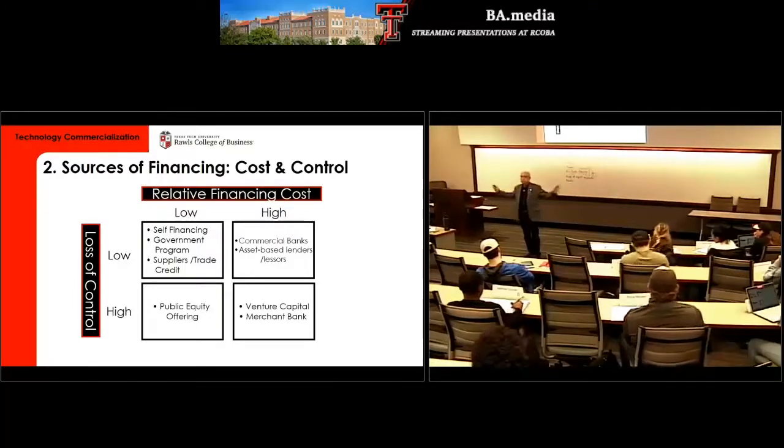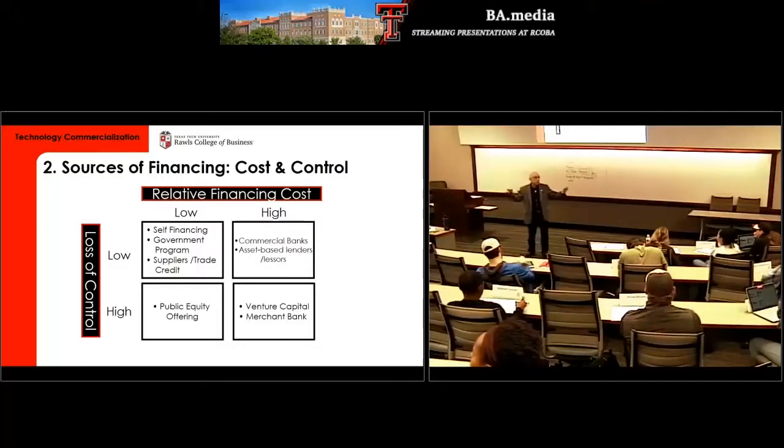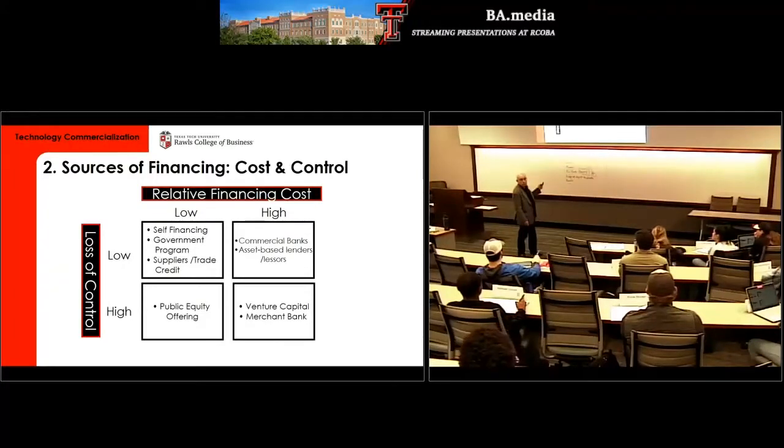Okay, so are we good on where the money comes from? It's not the only places, but that's a good enough look to say which ones are the debt ones. Okay. So in the first one, self-financing, debt or equity? Trick question. Neither.